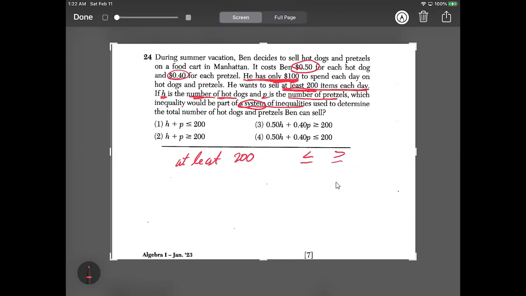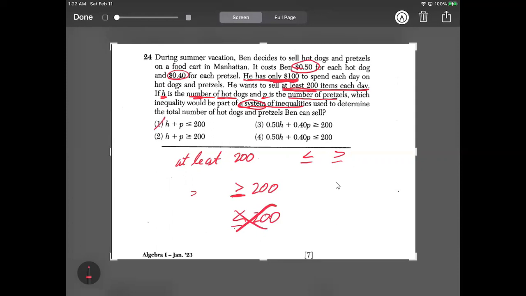So let's say if I want to write at least 200, that means the minimum that I want to have is 200. So that means that everything I sell has to be at the very minimum equal to 200 or greater than that. So this would be the inequality that you would use. Anything that goes this way is not our answer.